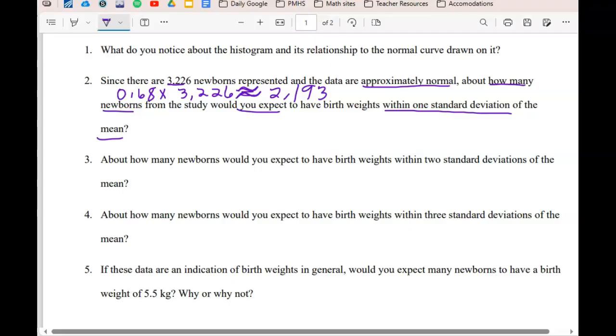Now we need to know what the birth weights are in that first deviation. So how are we going to calculate that? Do you know?